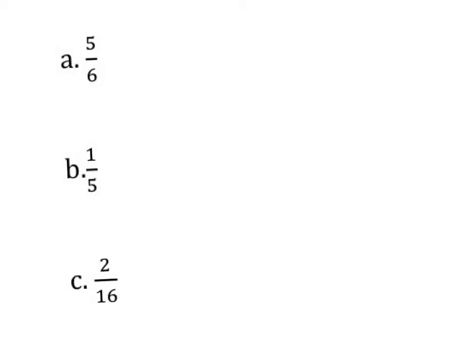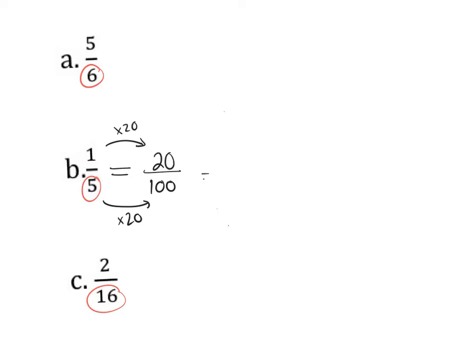First, I would look at the denominators and determine, so for example, this one is 6, 5, and 16, can those numbers go equally into 100? 6 cannot, 5 can, so that's why I'm going to start with B. Because 5 can go equally into 100, and to change to a percent, it has to be out of 100. So to get from 5 to 100, we multiply by 20. So 1 times 20 would give me 20 out of 100, which would be 20%.